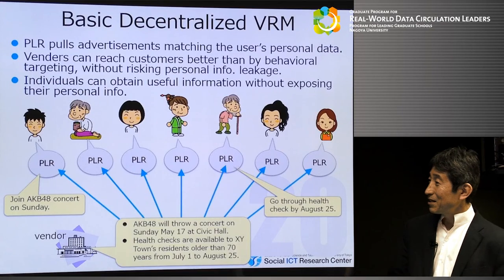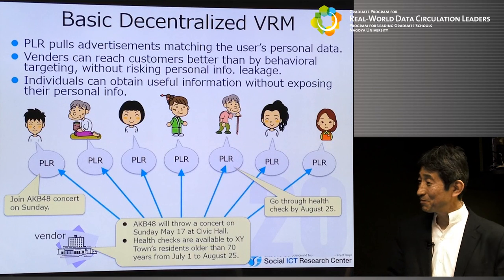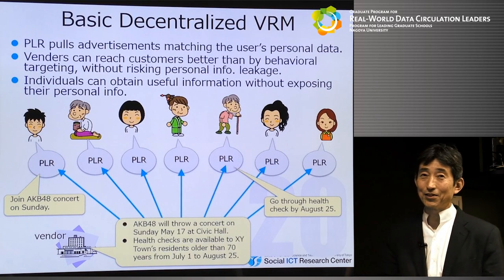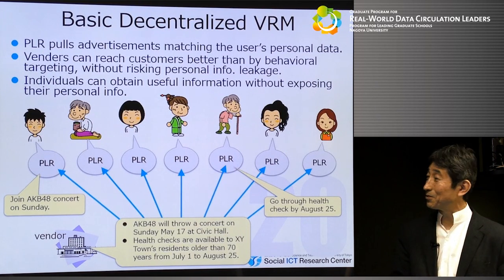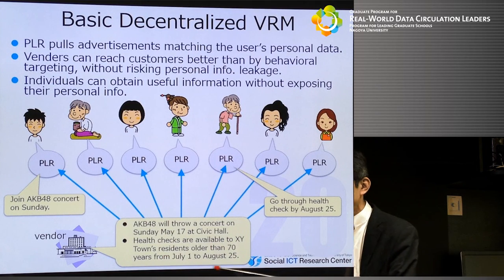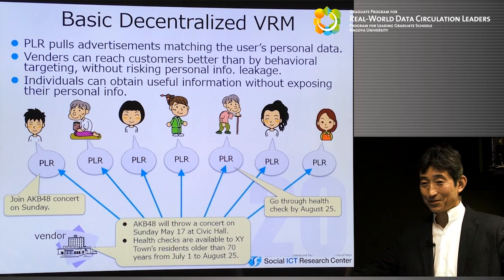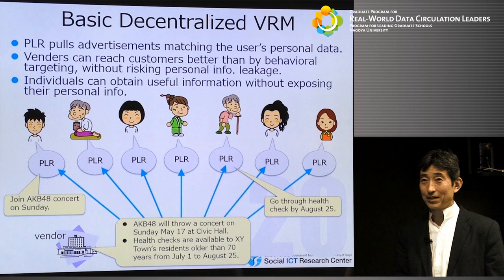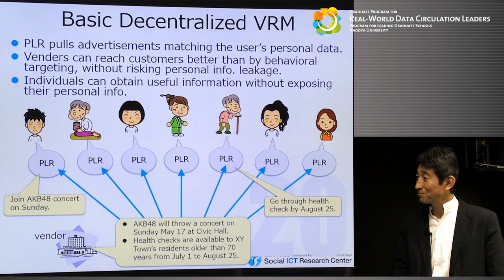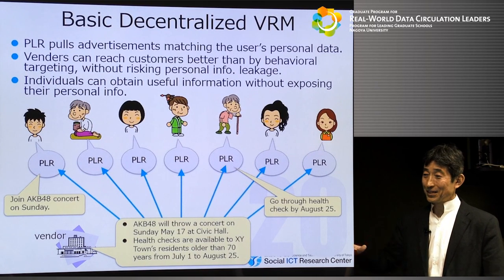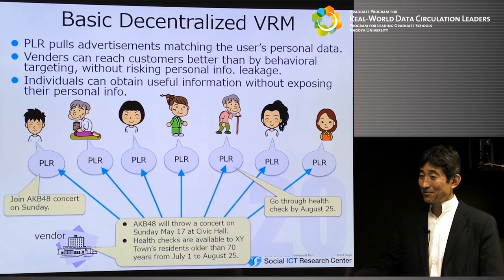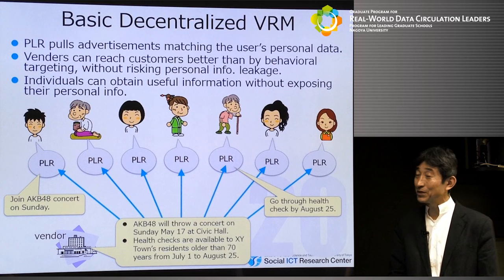And in fact, Benesse is in a very bad situation still right now. But in doing this kind of VRM, vendors can avoid that sort of risk altogether, because they don't have to own or store any piece of personal data in order to send advertisement-like information to appropriate potential customers.